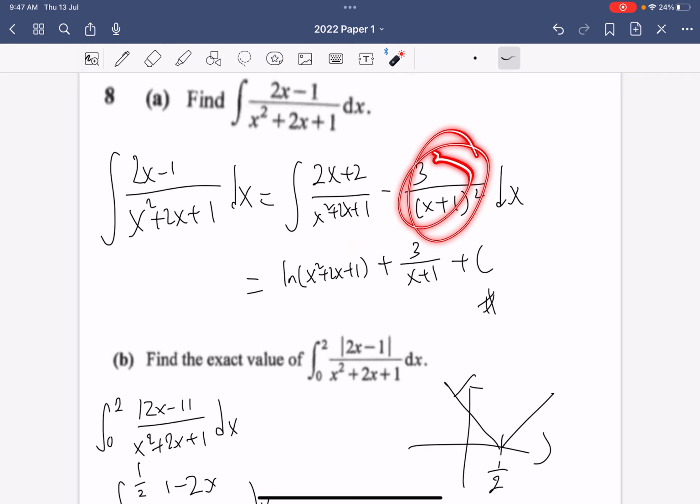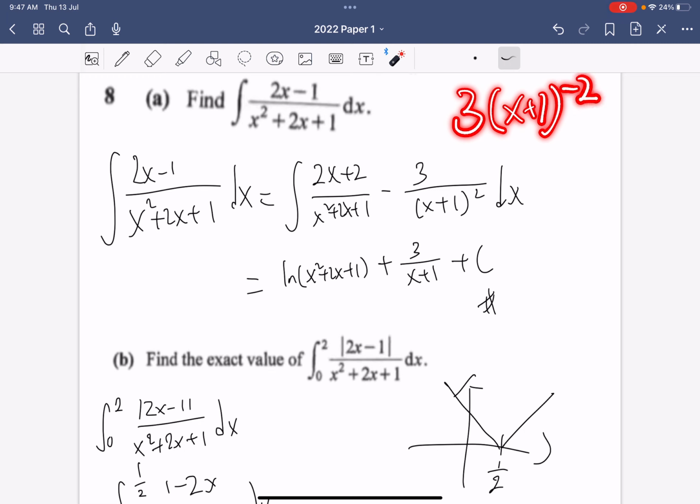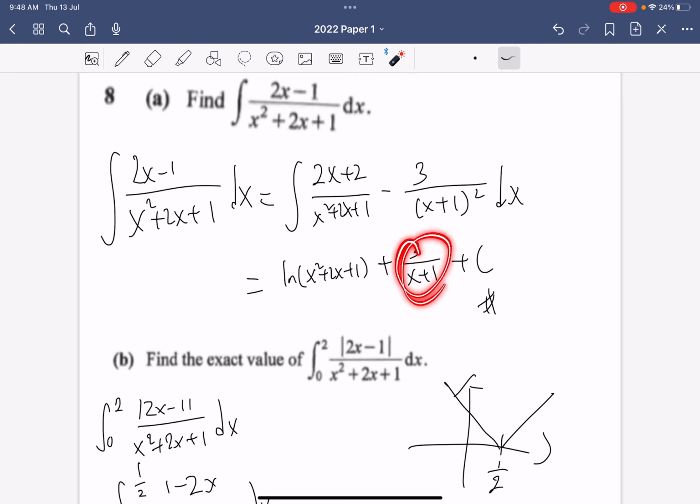And for this, because this is just 3 times x plus 1 to the power minus 2, this portion, because the derivative inside is 1, you can just integrate it normally, and it will be this. Because if you differentiate this, you get this. So a very easy way to check whether your integral is correct is just differentiate your result and see whether you get back what you want.